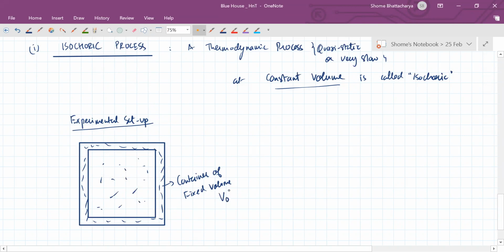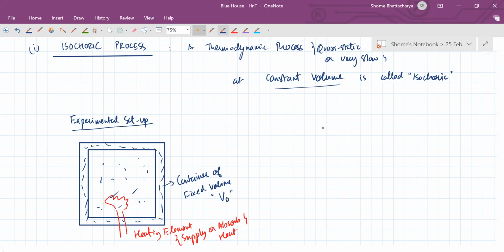Let's say the volume of the container is V naught, and through the heating element, we can supply or withdraw heat to control the temperature of the gas.